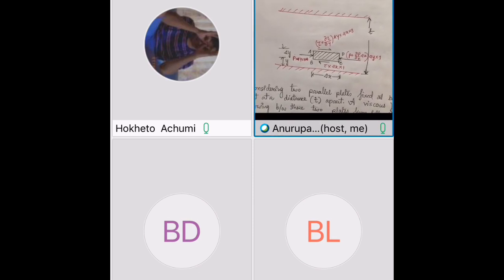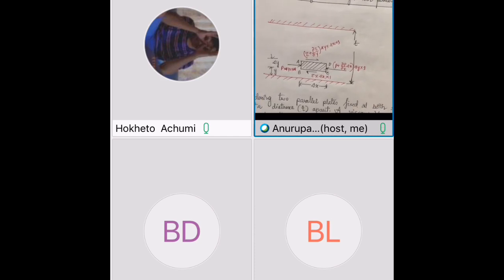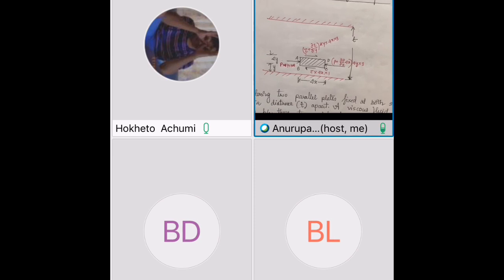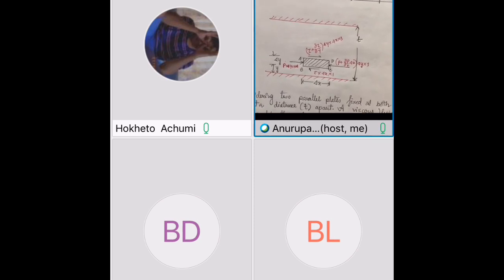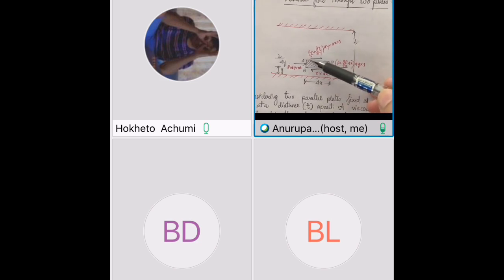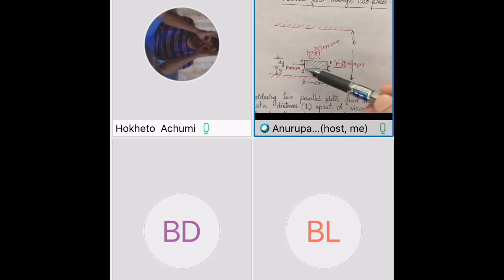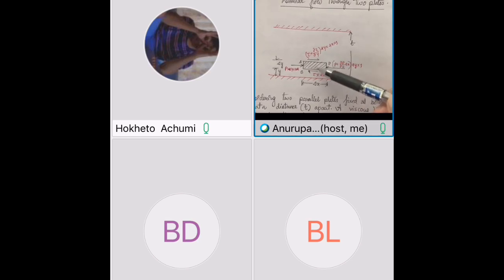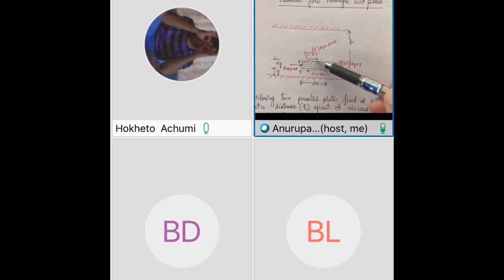Shear stresses act in both directions of the flow. The shear force acting on BC against the direction of flow is tau into del x into 1. The shear force acting on the face AD in the direction of flow is (tau plus del tau by del y into del y) into del x into 1.